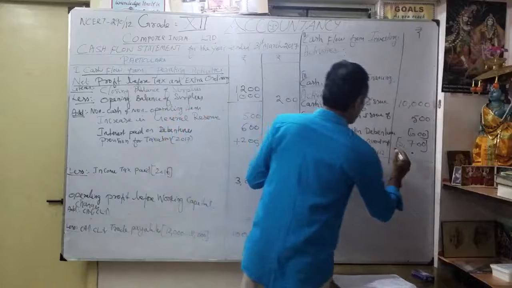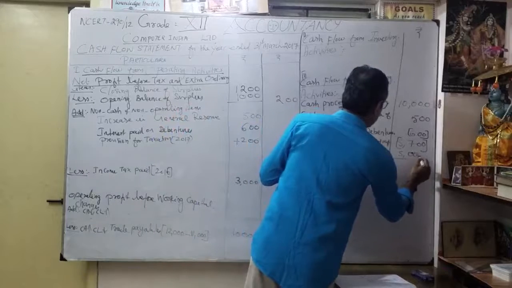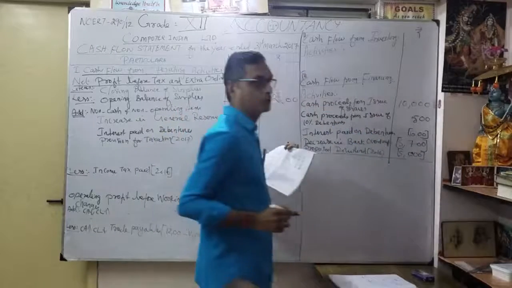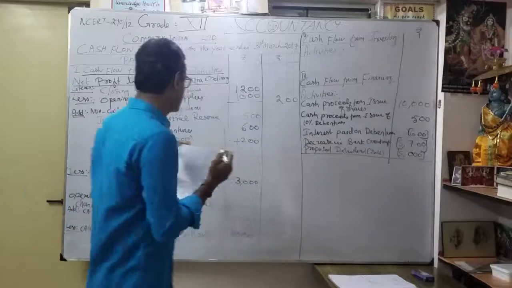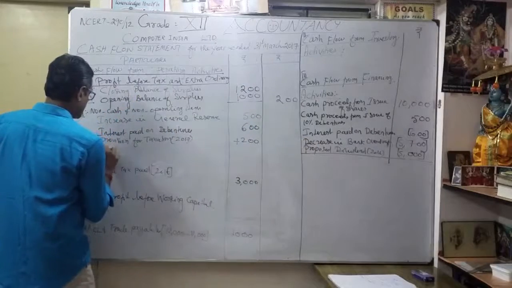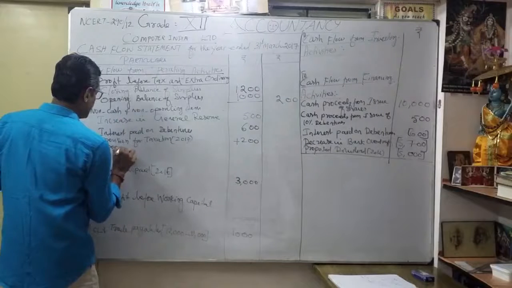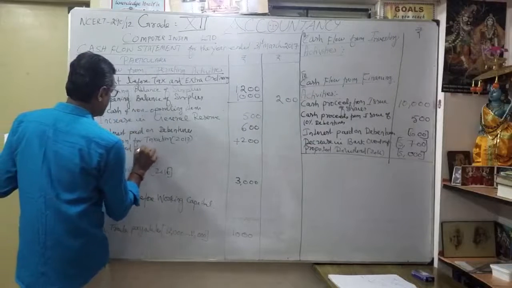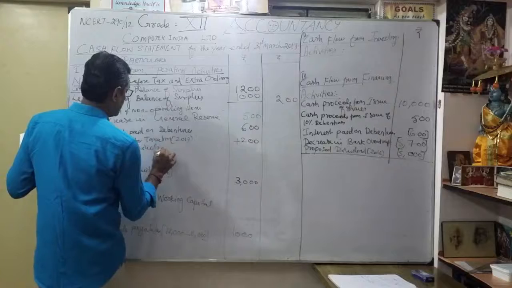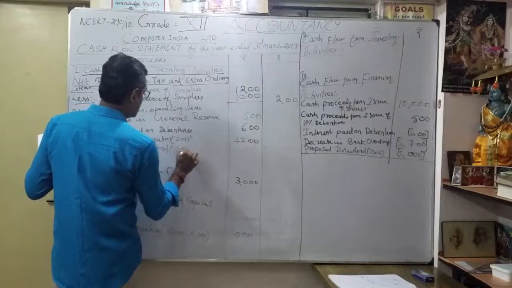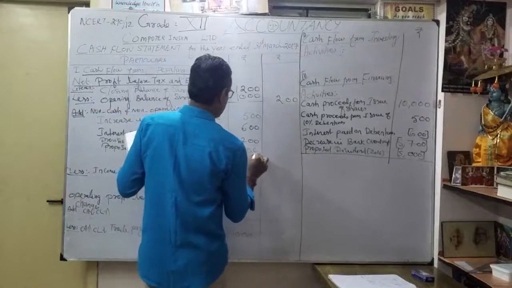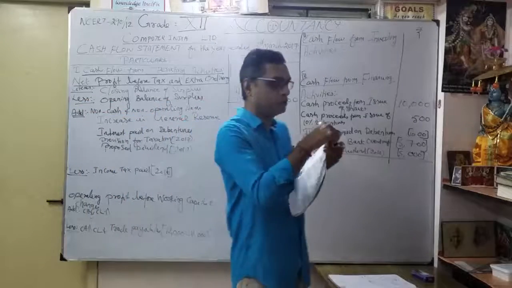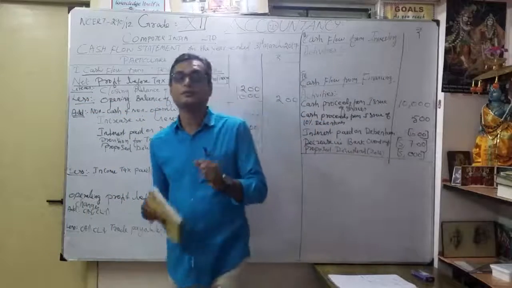That is 5,000. Okay, so put in the bracket. So cash outflow. So proposed dividend for current year, how much? How much I proposed? 5,800. This I am going to write it here. Proposed dividend, nothing but 2017, 5,800. Okay? Now understood how the provision for taxation and proposed dividend.